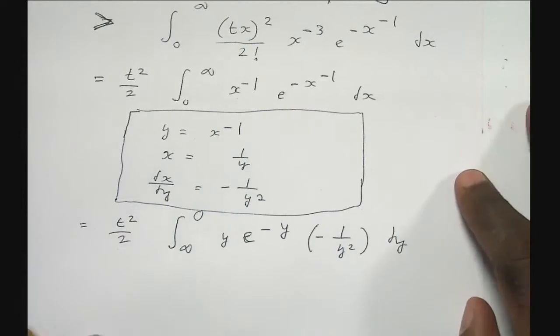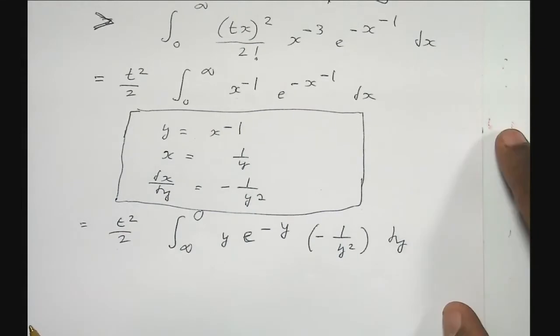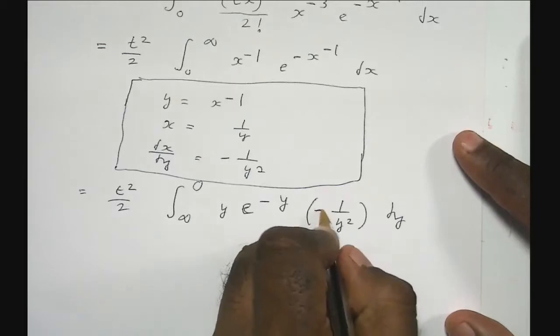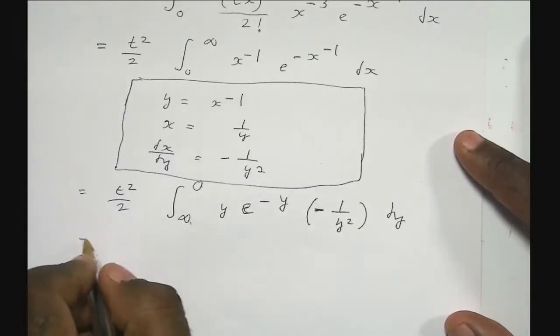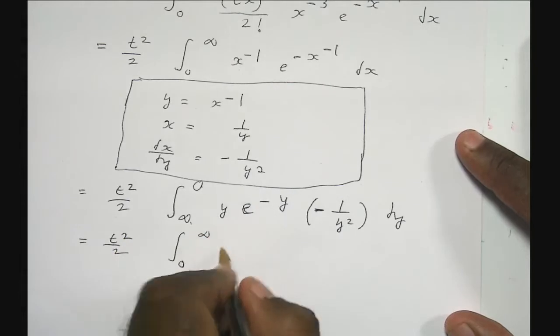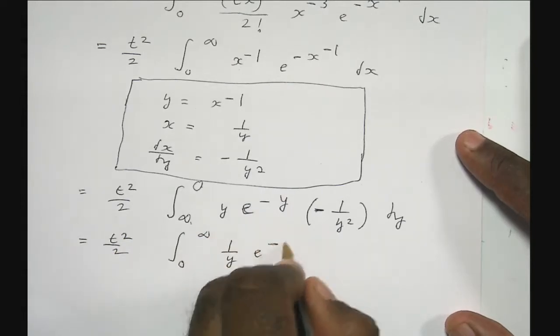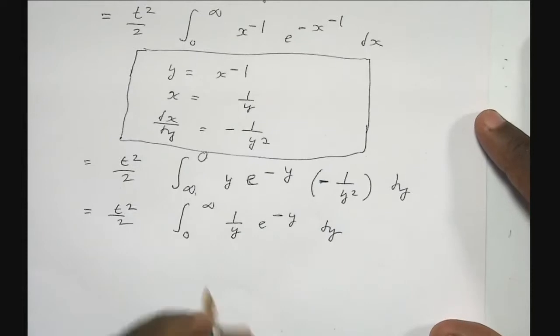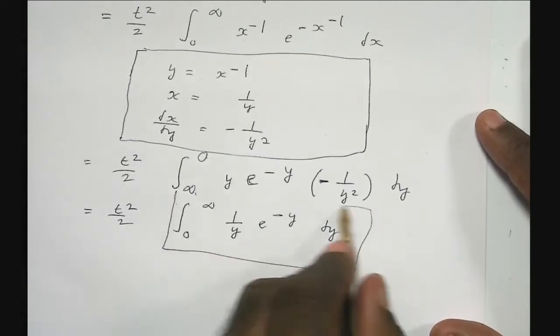This is not the only way to do it, guys. As you know in mathematics, you can do it in different ways. The minus sign here can be used to switch the limits, so you get this.